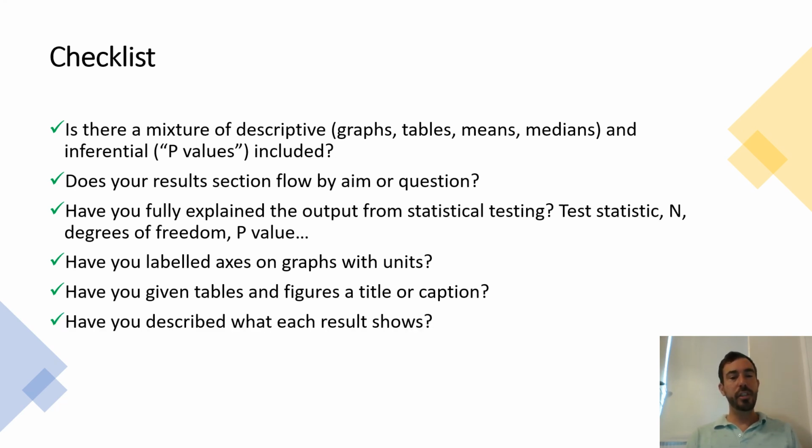And make sure you have described what each result shows. Make sure you always explain to the reader what they are looking for on a table or chart and tell them the non-significance or significance of the p-value.